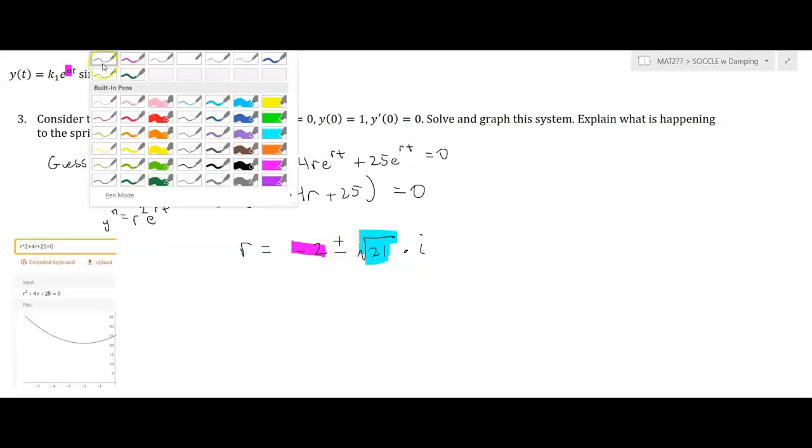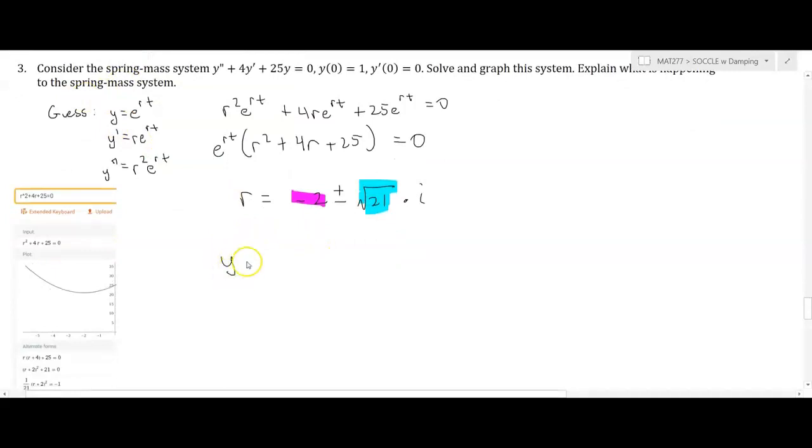And so our general solution is going to be y equals k1 e to the at sine of bt plus k2 e to the at cosine of bt.